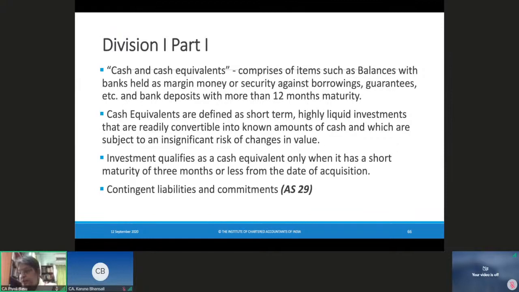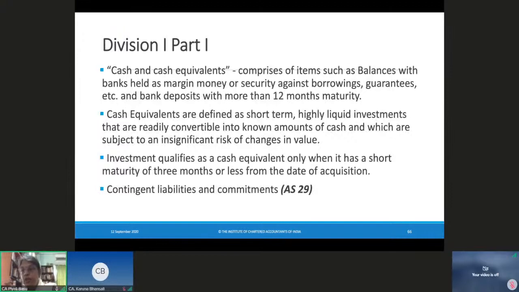These basically contain the bonds and the debentures, which will be refunded at a later point of time, after 12 months at least. That's why they are non-current. So keep that in mind, the basic thing about that period: if it is more than 12 months, it has to be non-current.